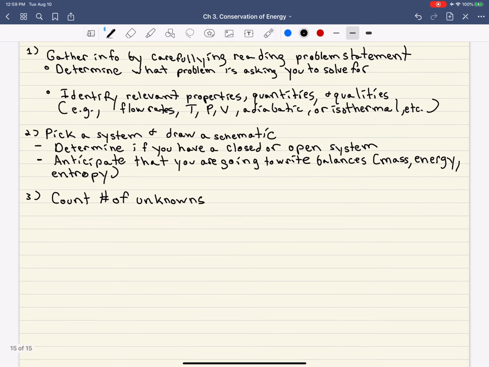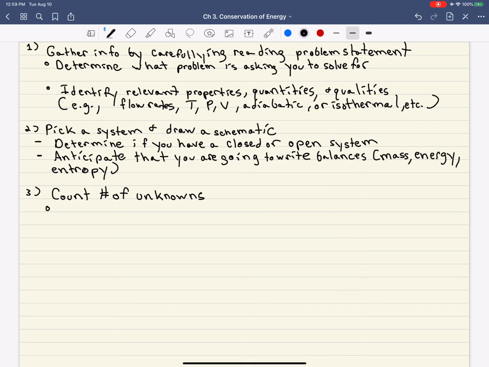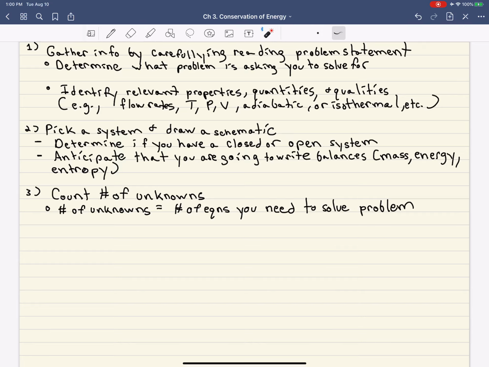And the reason for that is because the number of unknowns you have in your problem is going to be equal to the number of equations you need to develop or derive to solve the problem. Right? And so counting the number of unknowns will help guide you. It tells you how hard you need to work in order to solve the problem.